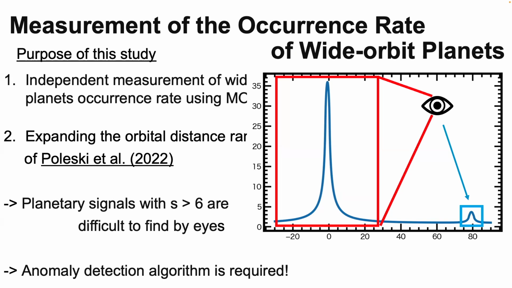But for wide orbit events, the planetary signal is too far from the host star's magnification to be easily detected by the human eye. So this signal is overlooked. This is why an anomaly detection algorithm is required for a complete sample of wide orbit planets.